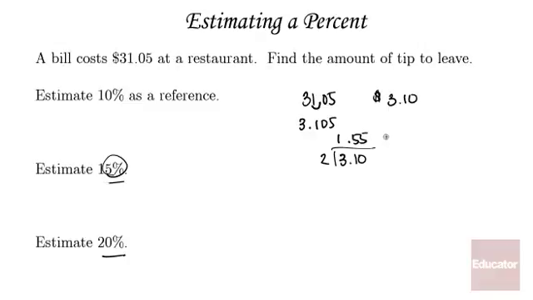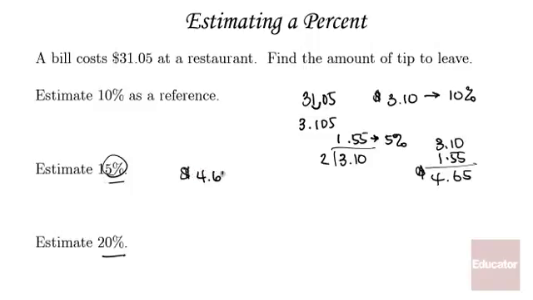And then add that, that's the 5%, to the 10%. So 3.10 plus 1.55 is $4.65. So if you want to tip 15%, you're going to tip $4.65.